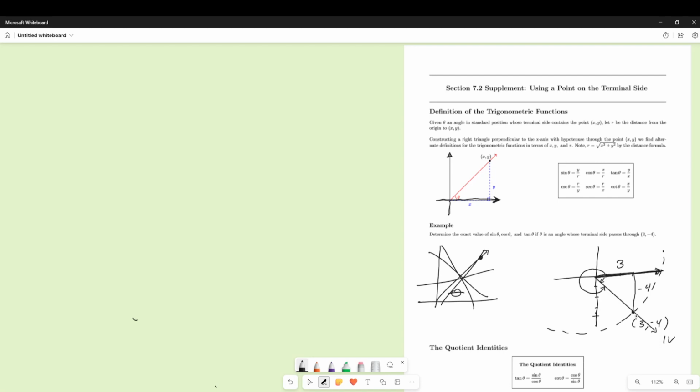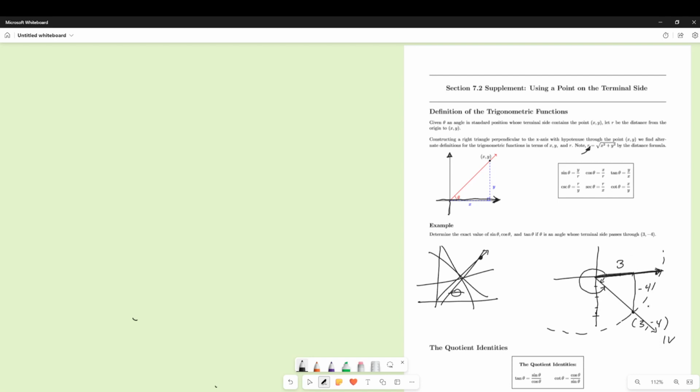Negative length is just a length that goes down, or to the left, or backwards. I mentioned before, we're not going to shy away from negative lengths. We can't have negative radii. Our radius has to be a positive value. But our x's and y's can certainly be negatives.